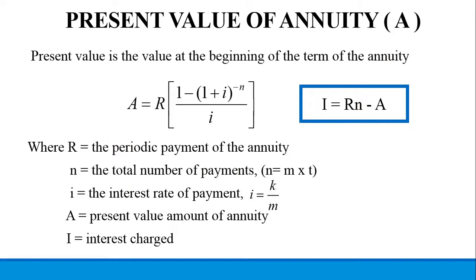Next is present value. The present value is the case at the front, which is the same, but make sure that for the future value it is minus 1, but for the present value it is 1 minus this one, with negative power of n. When you have an investment and you pay every month, let's say you pay 10 ringgit.